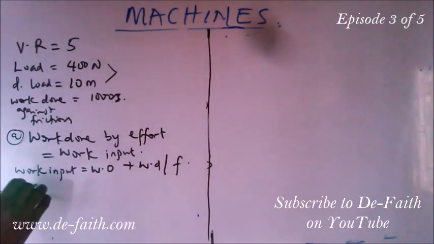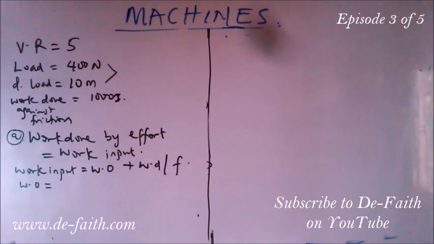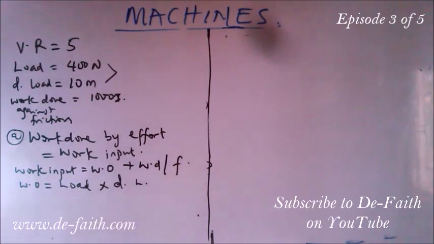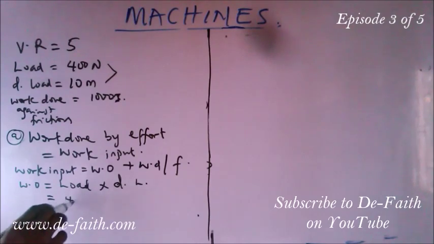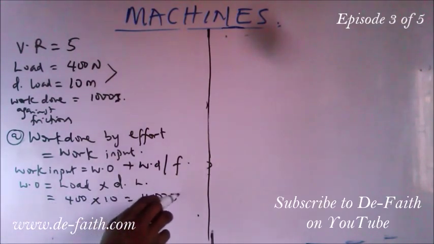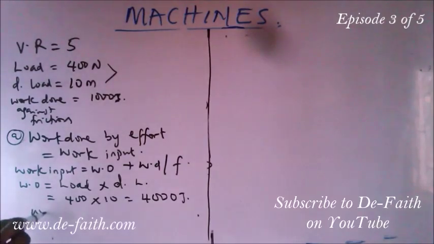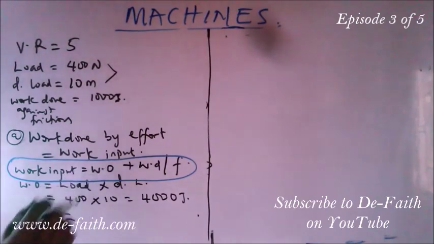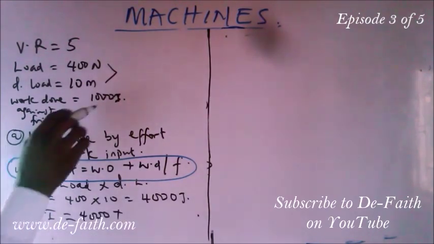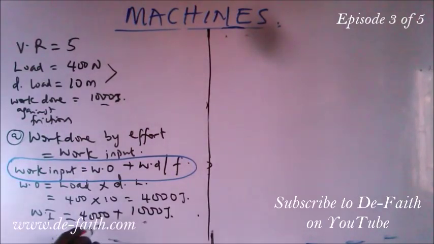Our work output can be gotten by multiplying our load by the distance moved by the load, which is 400 times 10, and that gives us 4,000 joules. Hence, the work input is equal to the work output, that is 4,000, plus work done against friction, which is 1,000 joules. So we have that as 5,000 joules.